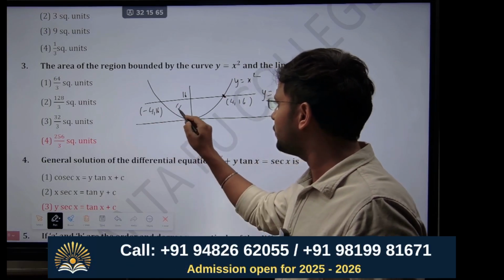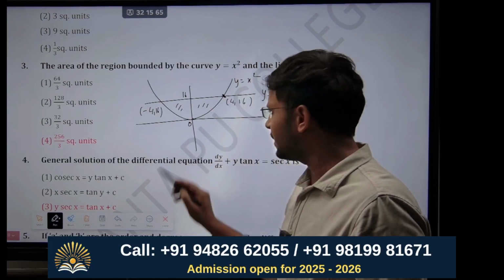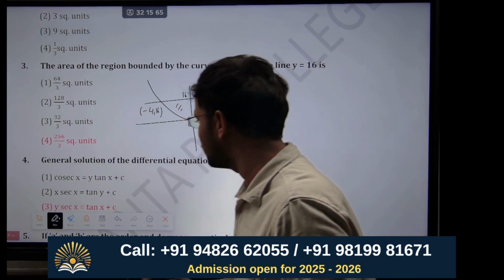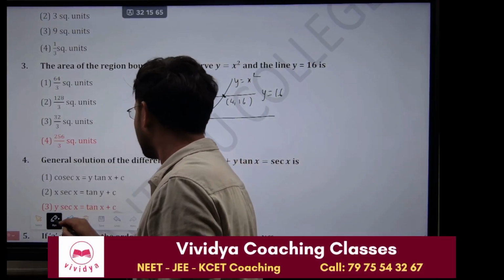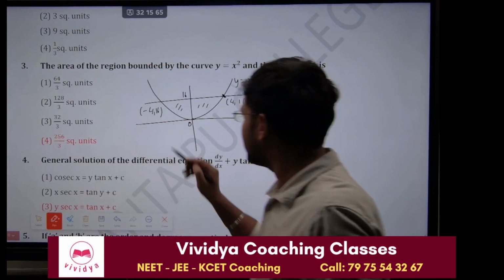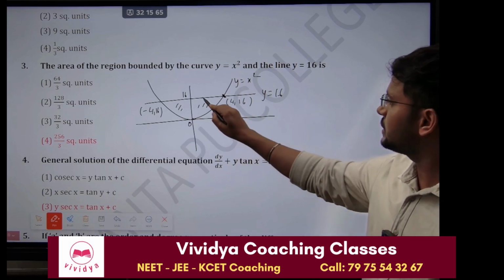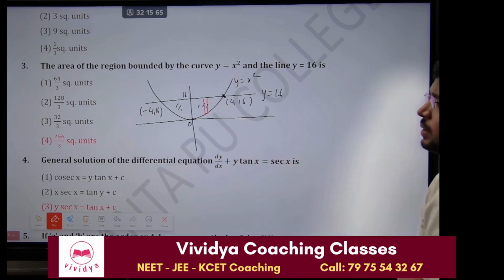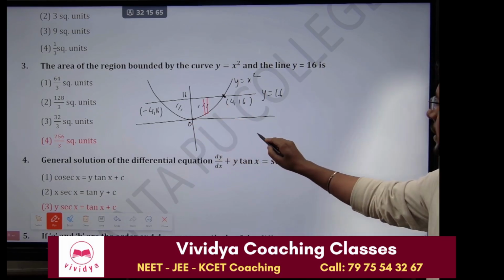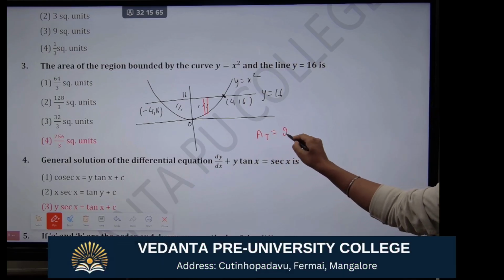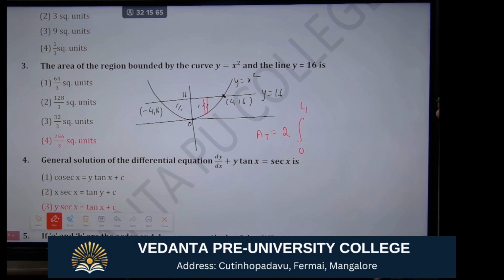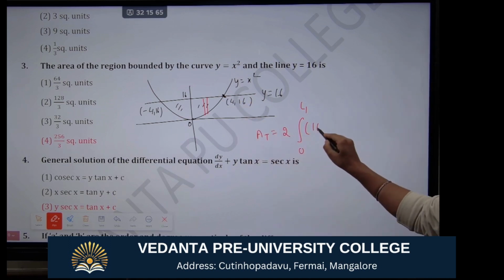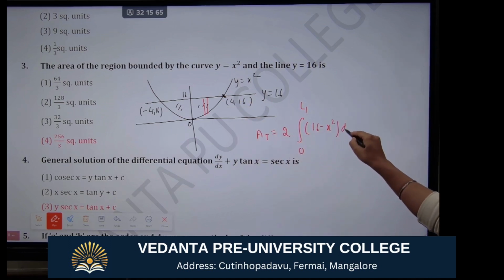Now this both area will be symmetrical. We can take horizontal strip directly, and that will be much easy. But here since I have taken this, we'll do this. So area, take the vertical strip method. And since both are symmetrical, total area will be 2 times the area of 0 to 4, and what will be 16 minus x square dx.